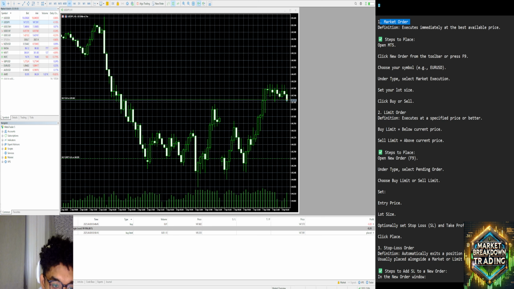And then 100th is a micro lot, and that's 1,000 units of currency. And then you can also go one step further, and 1/1000th of a standard lot is referred to as a nano, I believe, and that is 100 units of currency.